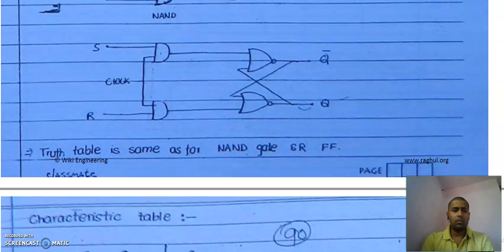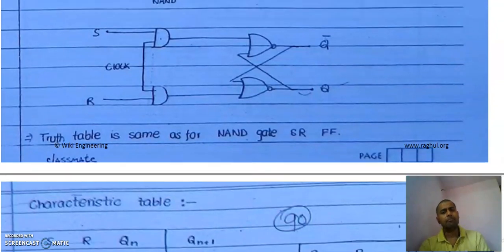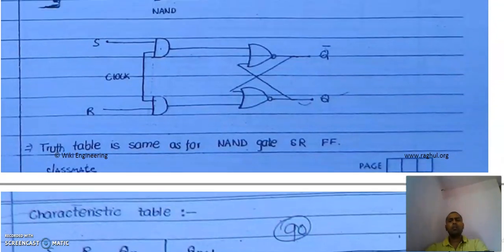So we can say that for SR latch using NAND gate and NOR gate, the truth table is different. But for SR flip-flop, the truth table is the same, remember it.